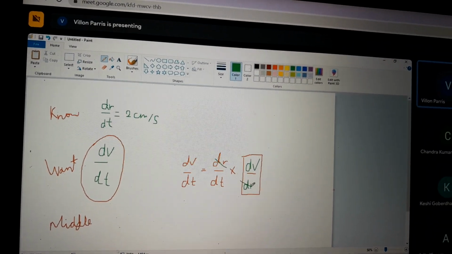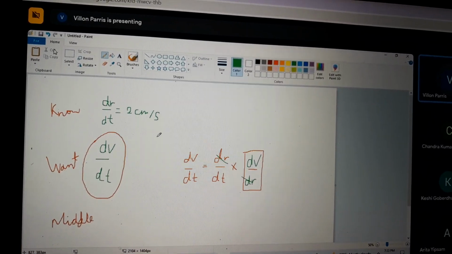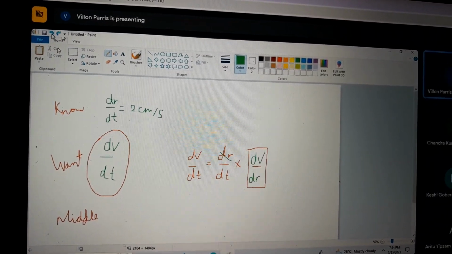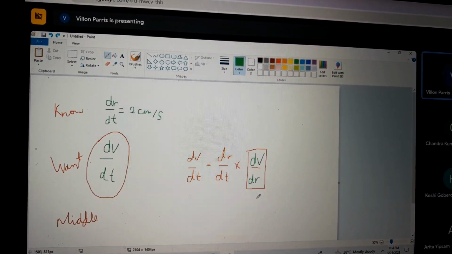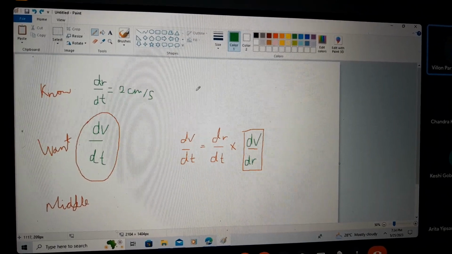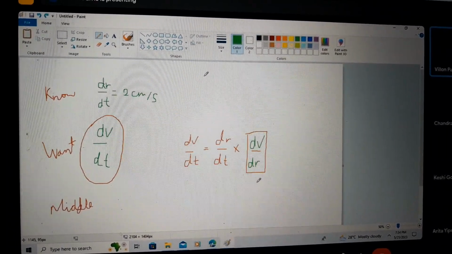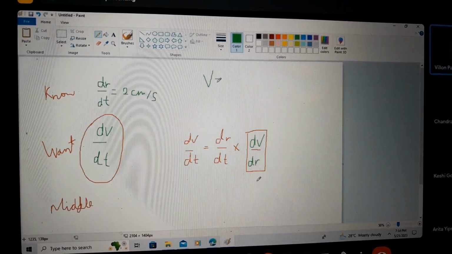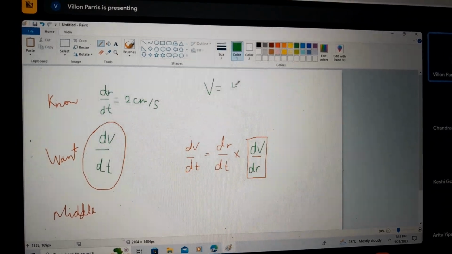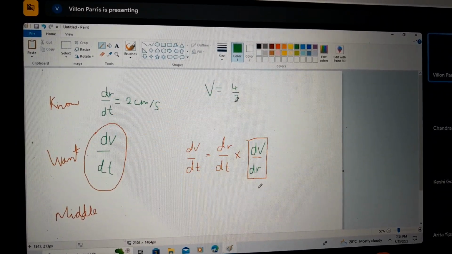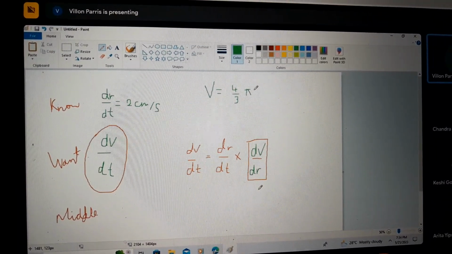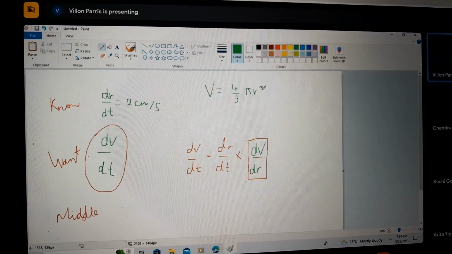We don't have to cancel it out, but I'm just showing you. So what we need here to complete this puzzle is dv dr. Is this good with everyone? Remember, we are talking about volume, and the volume of a sphere is 4 over 3 pi r cubed.